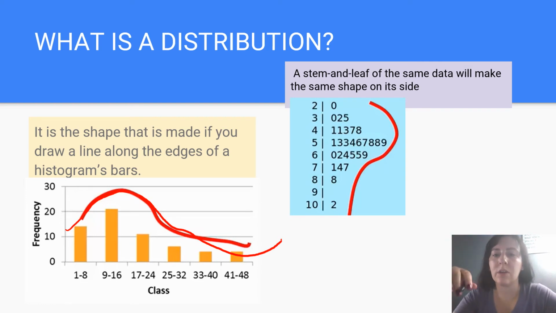You can also figure out the distribution by looking at other types of graphs as well. It's not just the histogram. You can use a stem and leaf graph like this, and you can also watch the distribution. I don't expect you to know what stem and leaf graphs are yet, so don't worry.